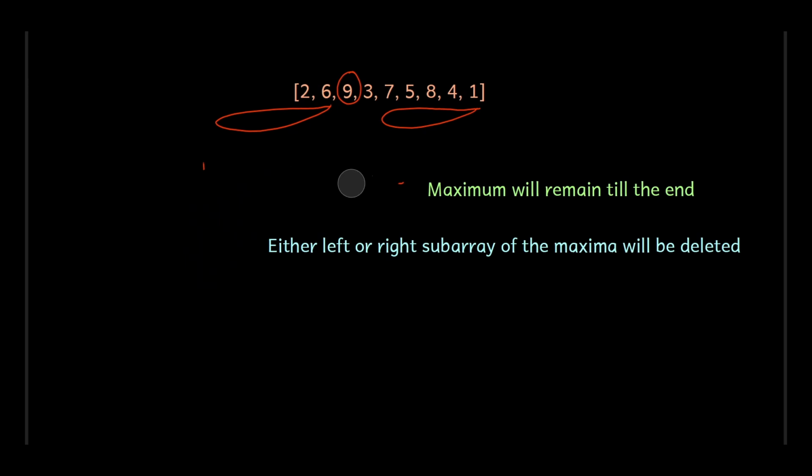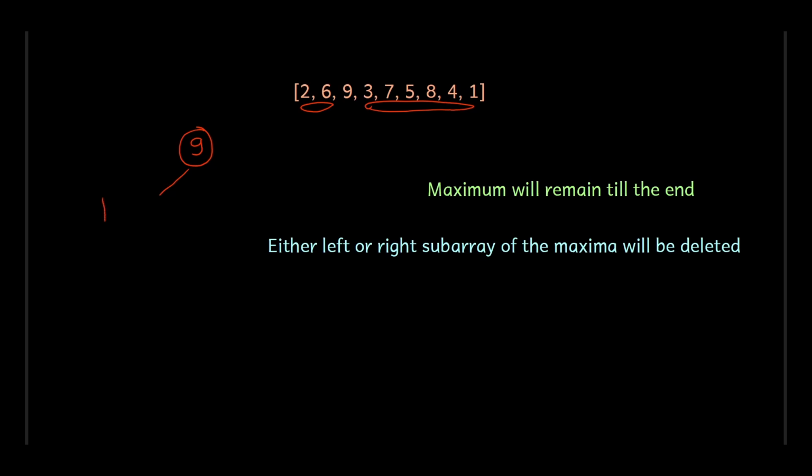So once you know that 9 will be for sure in the final list of elements, 9 has a left subarray and it has a right subarray. So let's create a node out of this 9 and then add it as a left subtree.